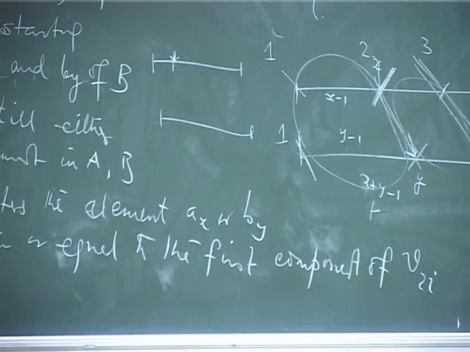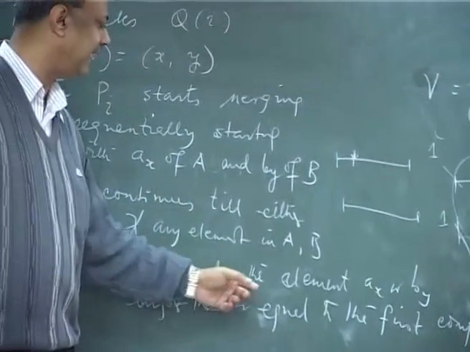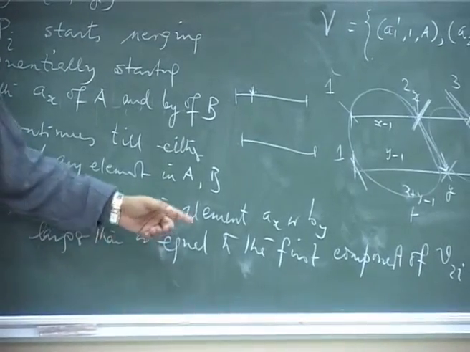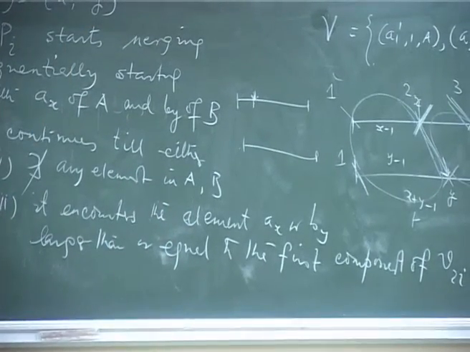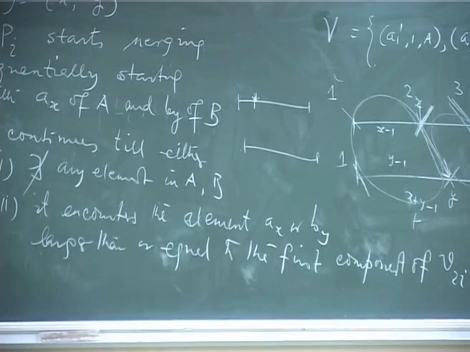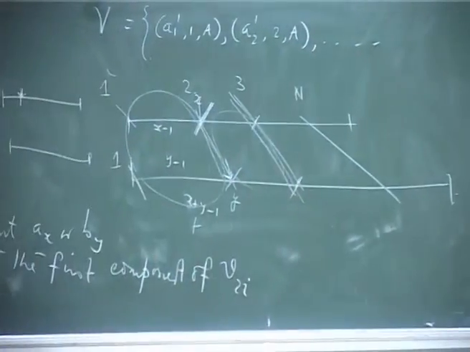So either there does not exist any element in B for merging, or it encounters an element Ax or By which is larger than or equal to the first component of V2i, because V2i's first component is one element which is a member of the x and y of another processor.